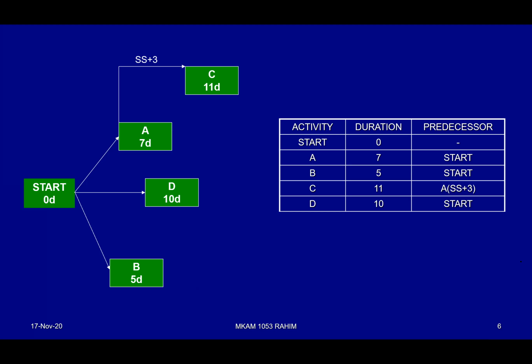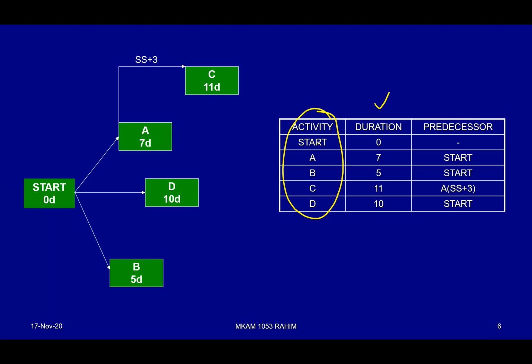Start by listing the activities, A, B, C, D first. Duration is there. Then the predecessor. You notice that the start doesn't have a predecessor, meaning the start is basically the real start of the project. It is just a milestone activity.